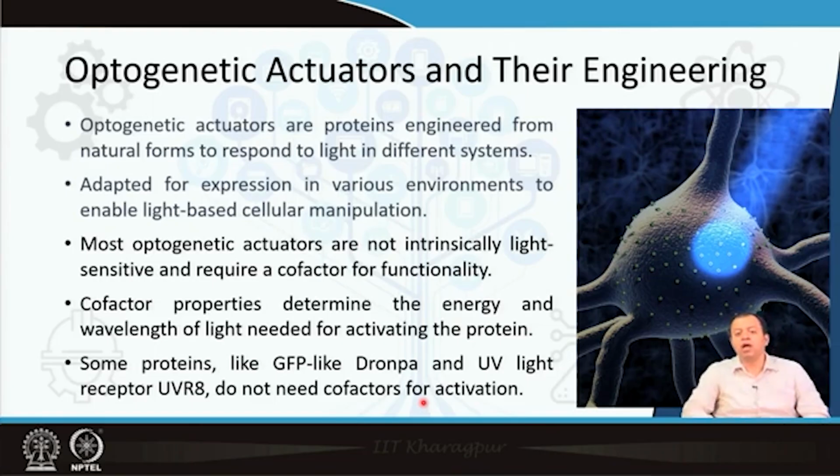Now, you might ask why this is necessary, or why we don't use all proteins which are light activated by themselves. Yes, there are certain proteins, as I was saying, but you do understand that it is simply not that easy to extract a gene from a jellyfish and insert it into a mammal and think that the behavior of the mammal will be exactly the same.